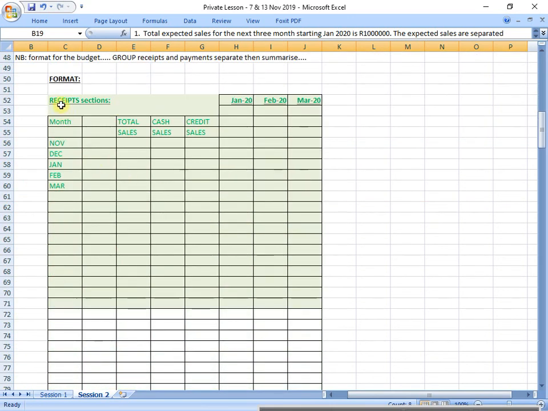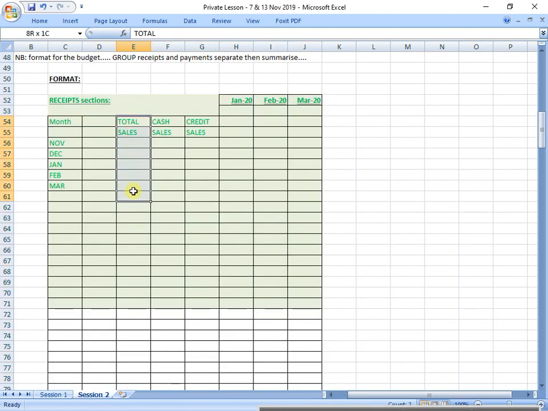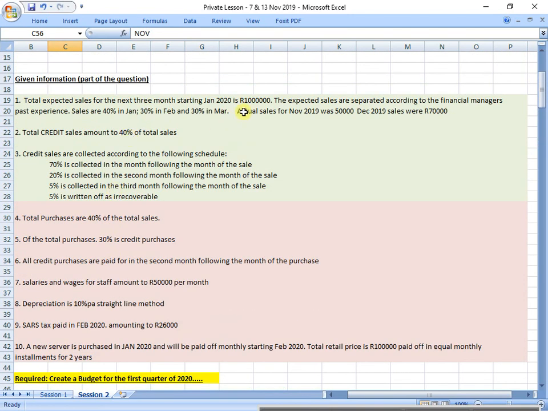So here at the bottom, when I'm drawing up my budget, what am I looking at? Receipts. The receipts are going to be broken up into total sales, so everything I sold: the stuff that I sold for money that I get when I sell something, and the sales that I sell but I'm going to collect later on. So in November, how much did I sell?